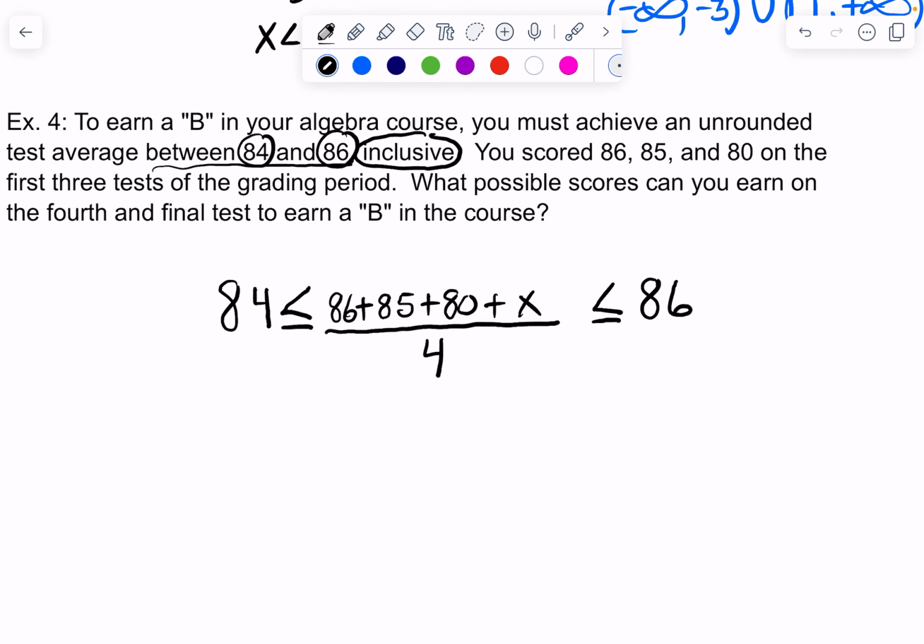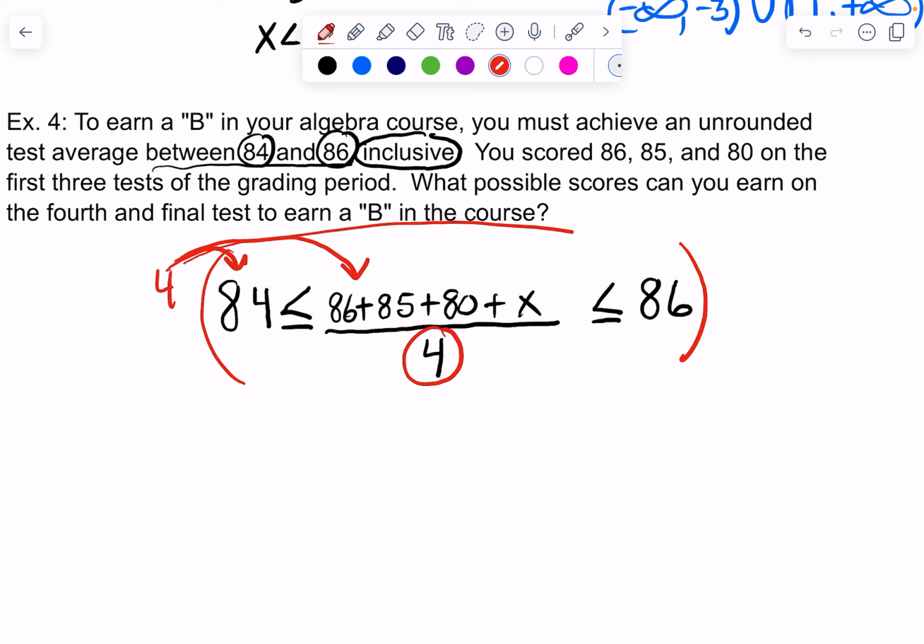If you remember, you can get rid of any denominator, whether it's a number, variable, or polynomial, by multiplying the LCD, or that singular denominator, to everything on both sides. So I'm going to multiply 4 to the 84, to this set, and to the 86.